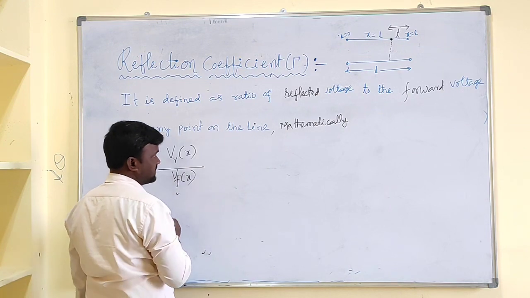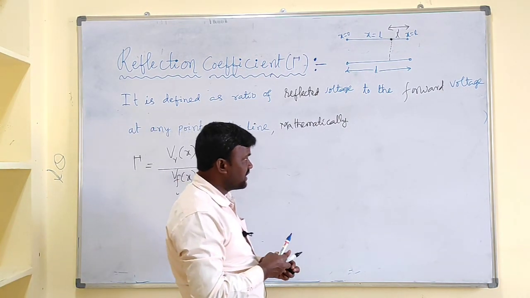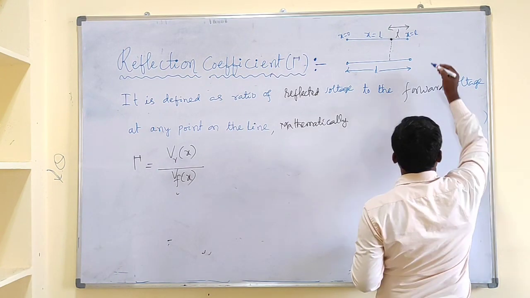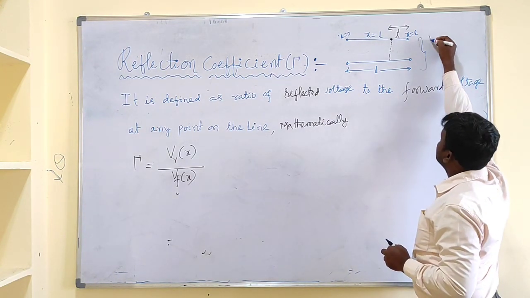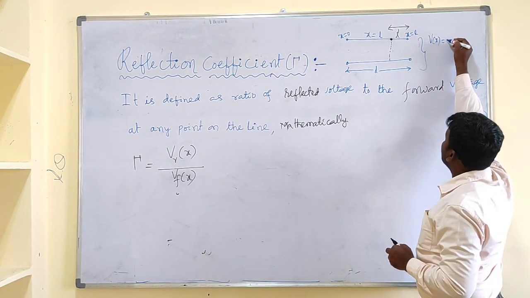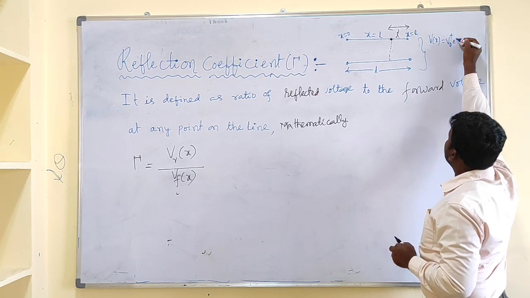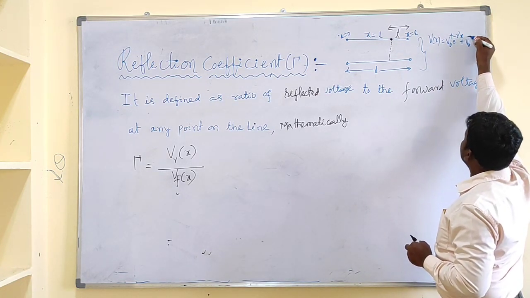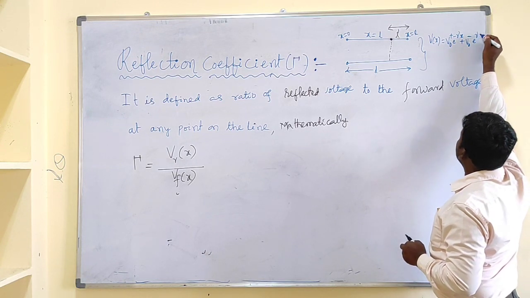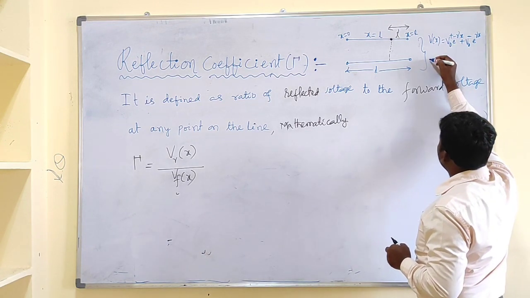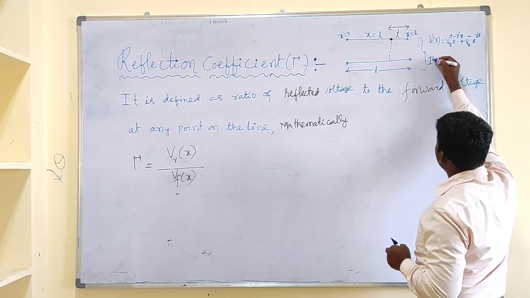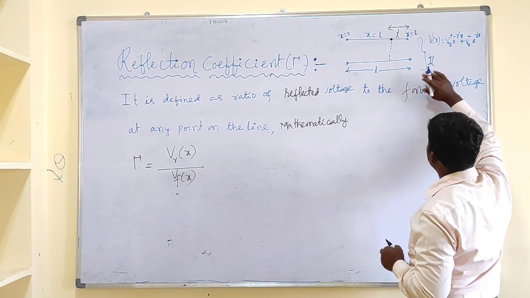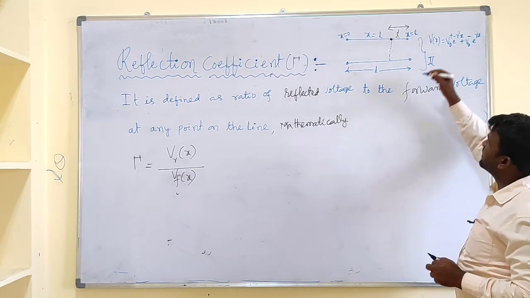And we derived the transmission line equations, that is voltage and current equations, like this. V of x is V0 plus e to the power minus gamma x, and the reflected voltage is V0 minus e to the power gamma x. And current, I of x, we didn't require that one, but let us write that part also.